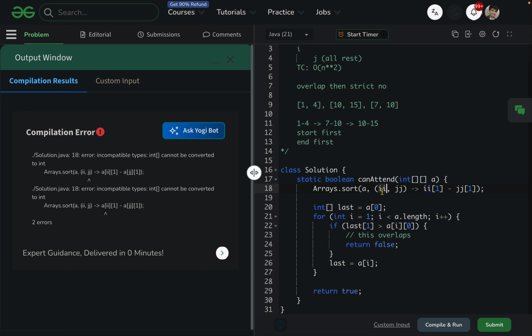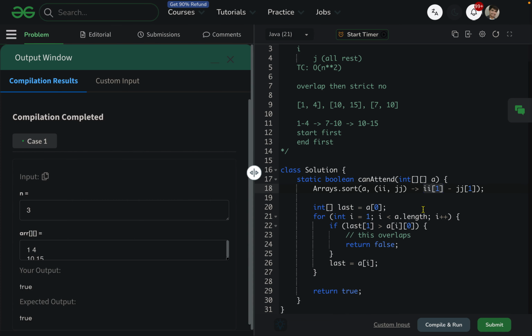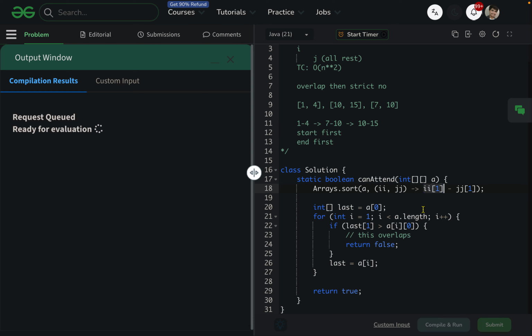So this denotes an element of A. How should I treat this? So treat the ending index only. That's what it means. So let's try to compile this one. Okay, it has compiled successfully. Let me try to submit this.